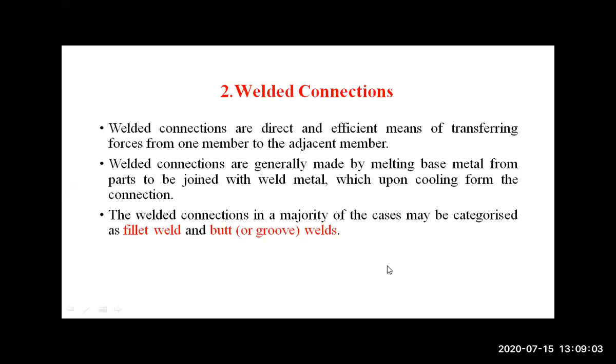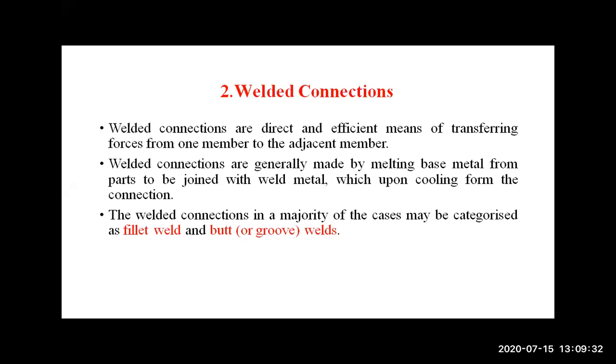So if we have to connect two plates or two steel members by welding, then there is a rod. With the help of that rod we are welding two members, or jointing the two members. So that is nothing but the welded connection.